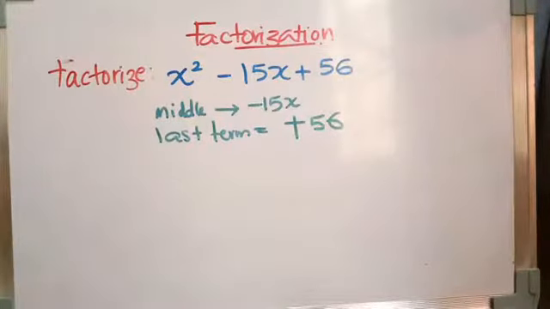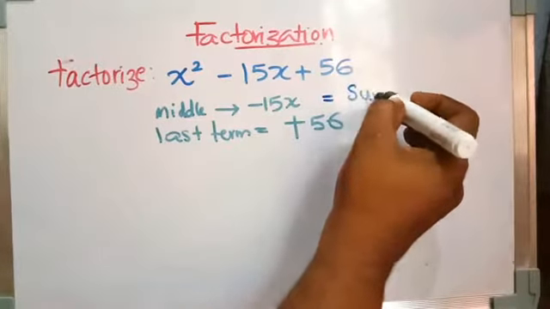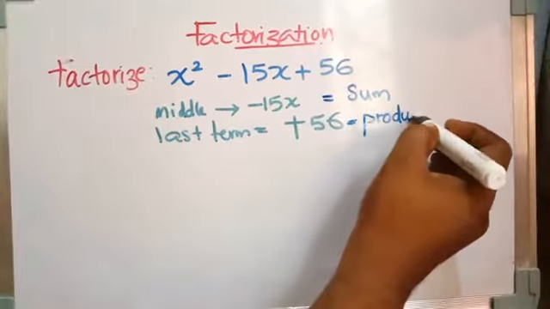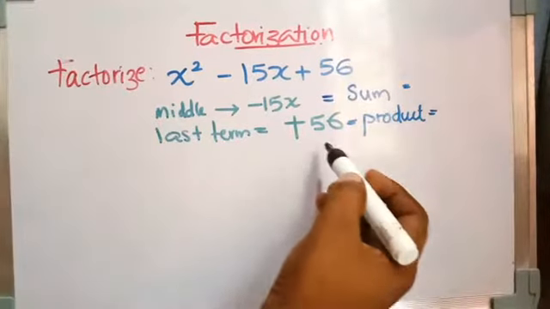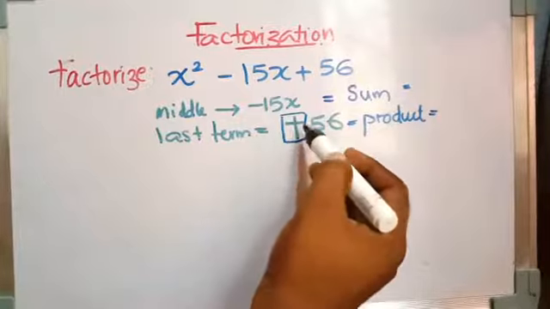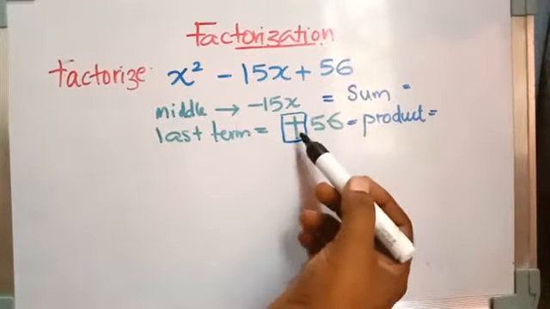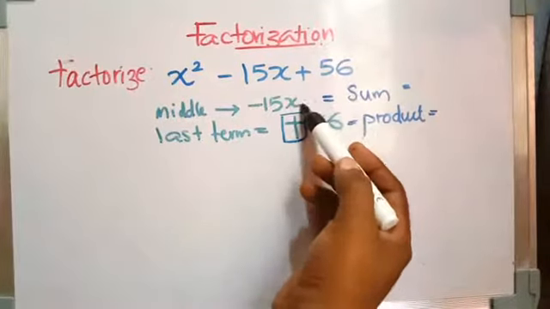You know, this middle term should be the sum and the last term should be the product. When we have the product, always check the sign of the product. Based on the sign of the product, we decide whether this is addition or subtraction.